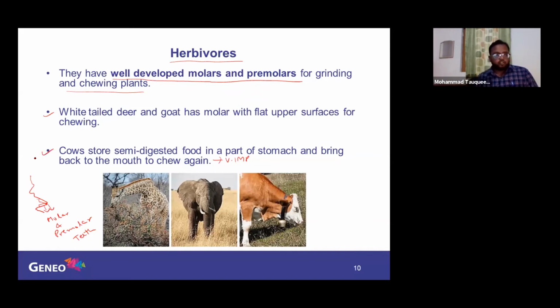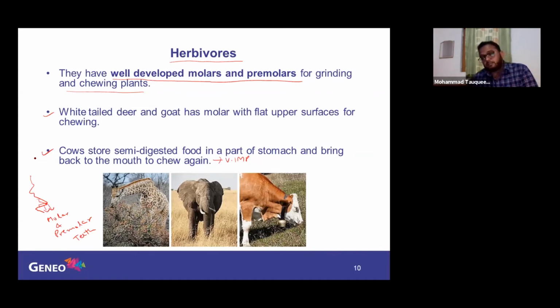So in this slide, you must remember that herbivores are those which feed only on plants. They have very well developed molar and premolar teeth. Someone may ask why herbivores have well developed molar and premolar teeth. They are present at the back of the jaw, and these teeth help in chewing.